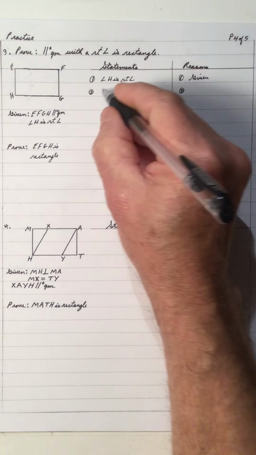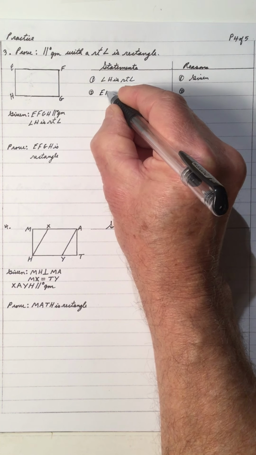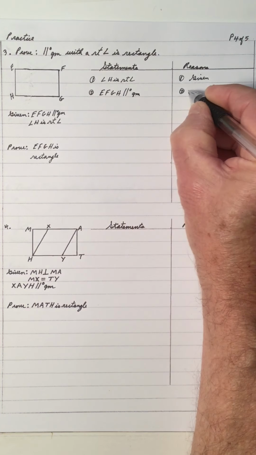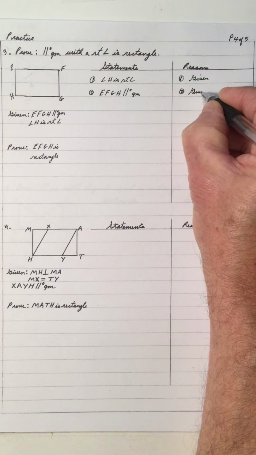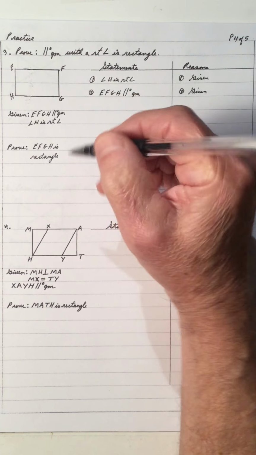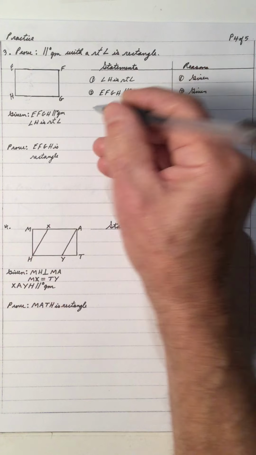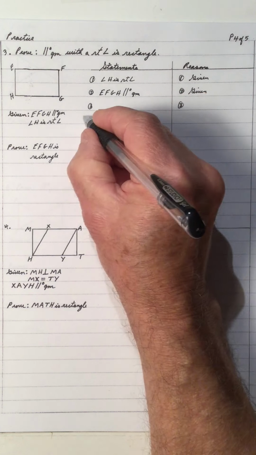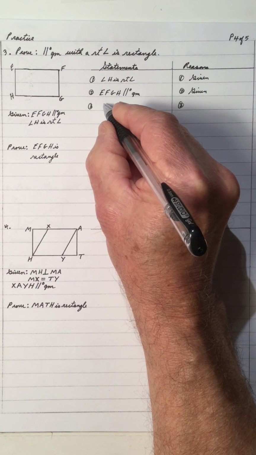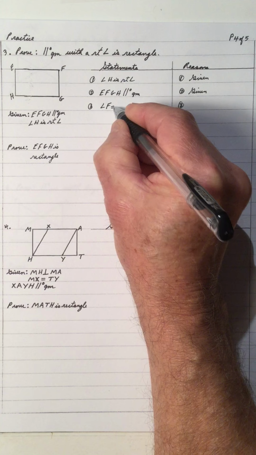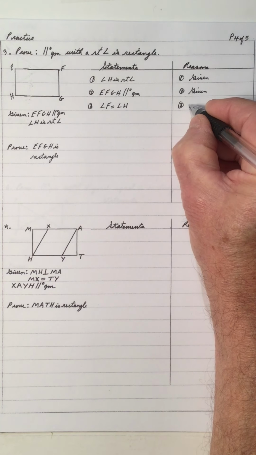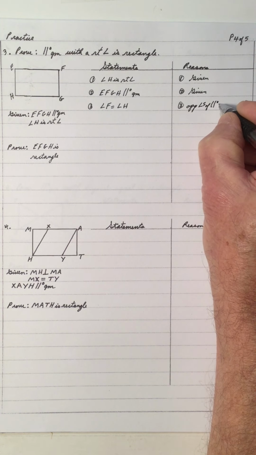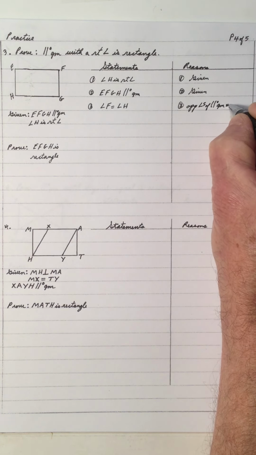So I have EFGH is a parallelogram. Given. Remember, don't forget to pause your proof. You can pause it and work it out and press playback to see if you get it right. Here we go. So I have angle F is equal to angle H because the opposite angles of a parallelogram are equal.